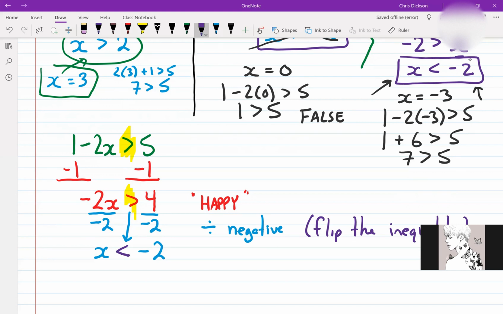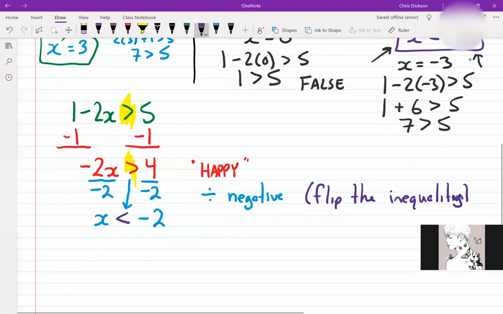So I'm going to give you a separate question. I'd like you to try this one and see if you would flip the inequality or not.